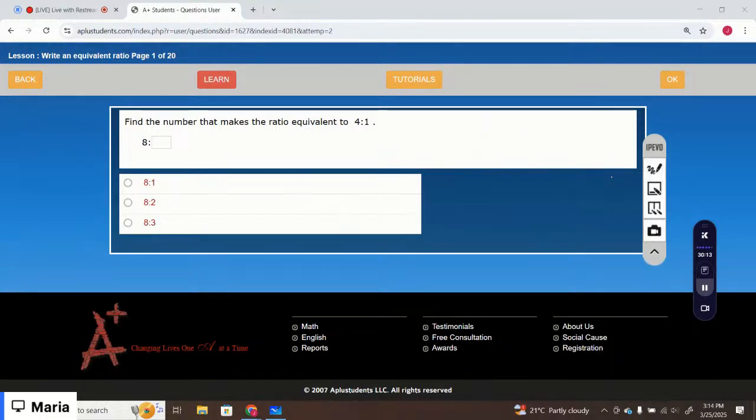So option number 2 is the correct option. That would be 8:2. The missing one is 2.